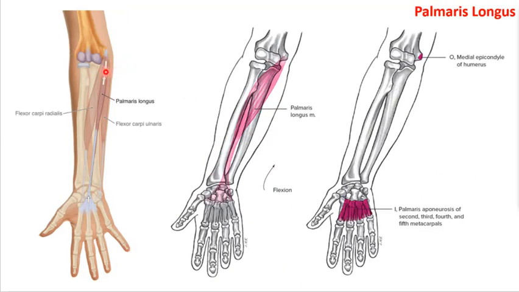Palmaris longus, it's a weird muscle. It originates at the common wrist attachment site, and it shoots down into the palm. Some people don't have this muscle, and it's part of the general flexor group, but it shoots into the hand.